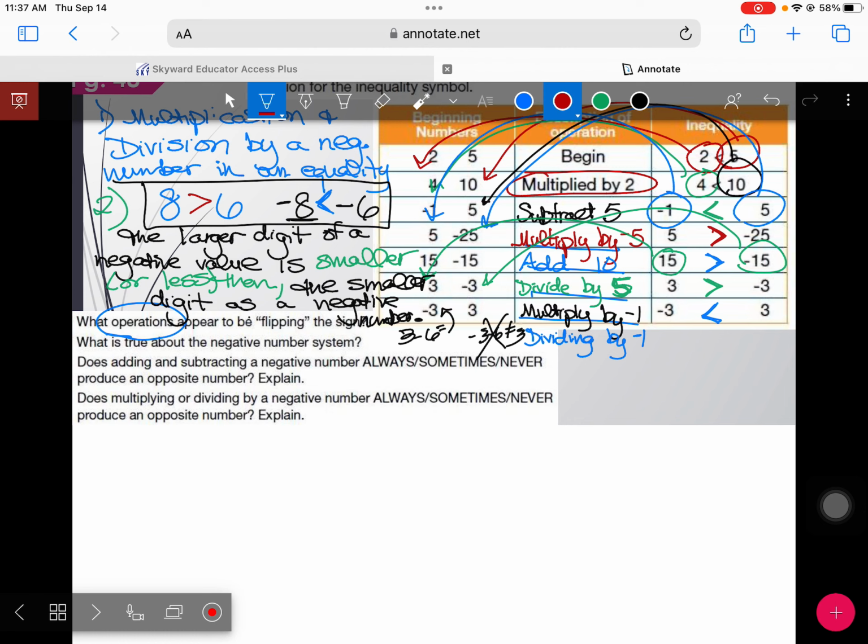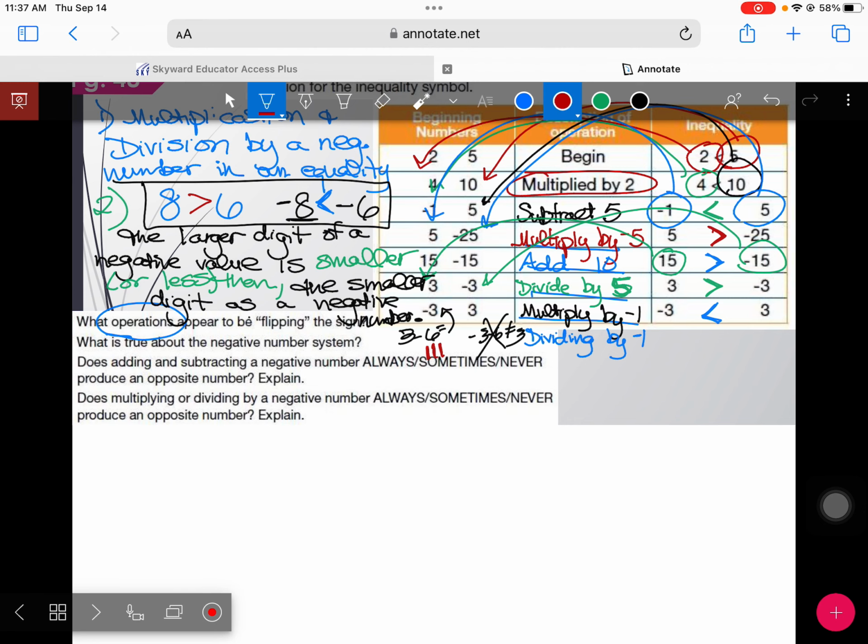Sometimes. Can you give me some examples? If you add -3 to 1, you get -2. Okay. Now, let's stick with this.